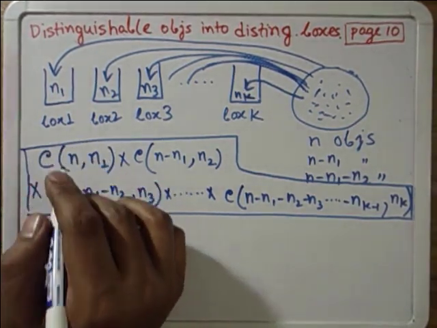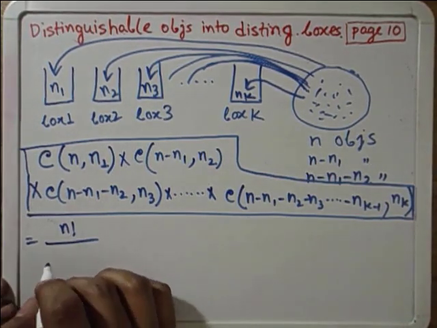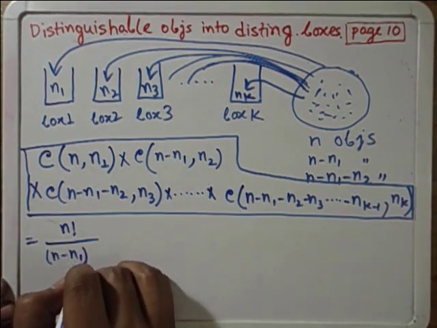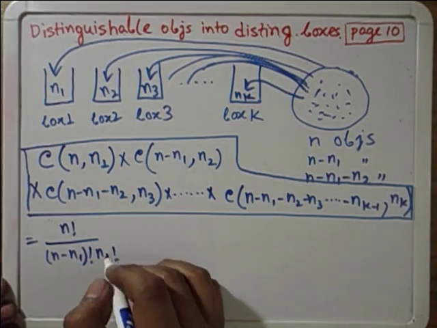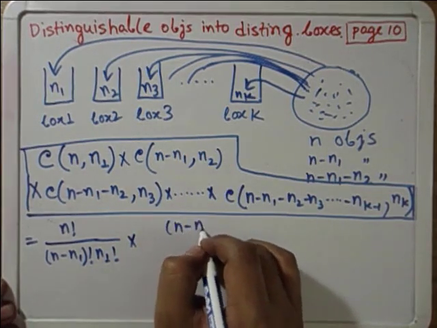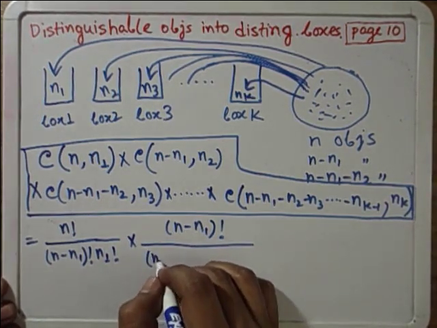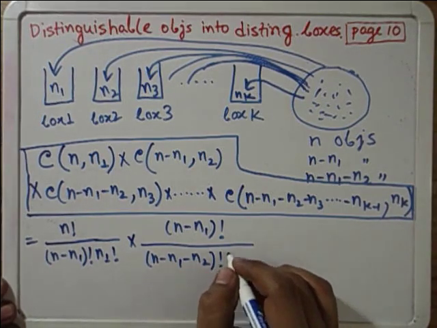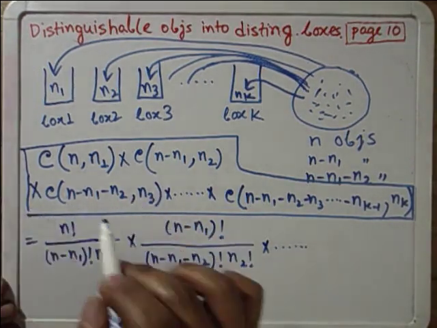So let's simplify the first factor. N choose n1. What is the formula? We all know it is n factorial over n minus n1 factorial times n1 factorial. Then the next one is n minus n1 factorial over n minus n1 minus n2 factorial times n2 factorial. We are not going to do all of these.